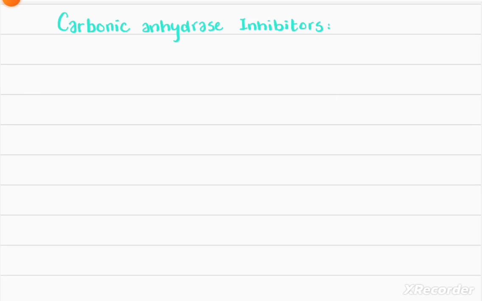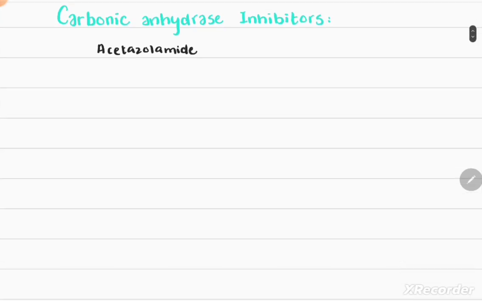The first class of drugs is known as carbonic anhydrase inhibitors, and these include acetazolamide, number one, which is the prototype of all the diuretics. Then there is dichlorphenamide, and methazolamide.